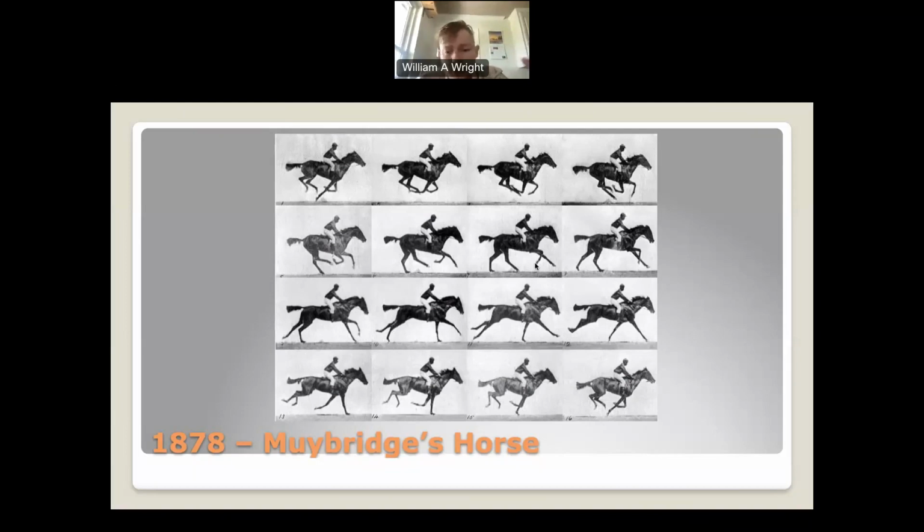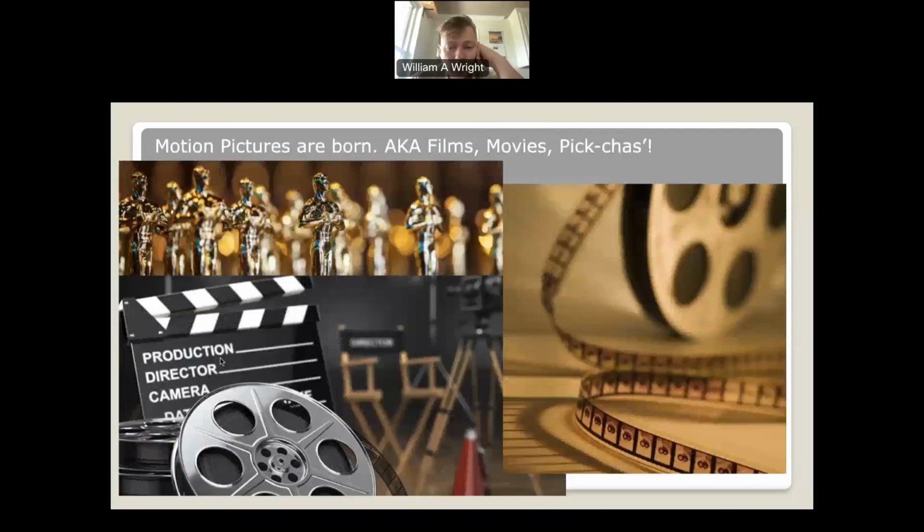But in addition to all this, something that happens is they figure out, if they set up a little viewing of each one of these photos and then run them through really fast, they can make it look like the horse is running right in front of their face, right? And this is a mind-blowing invention that leads to, if you haven't figured it out, the motion picture industry, right?